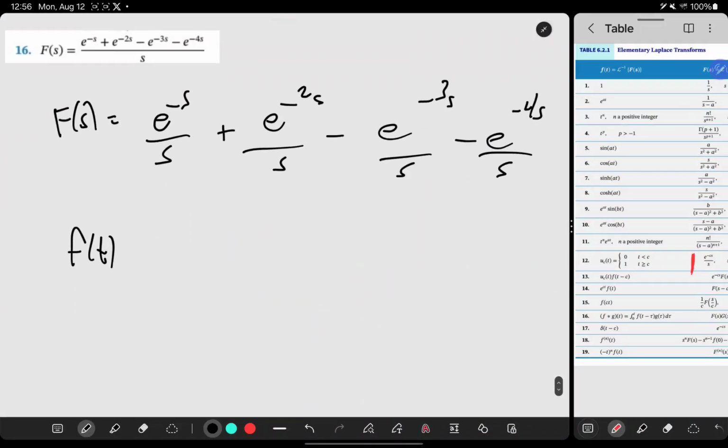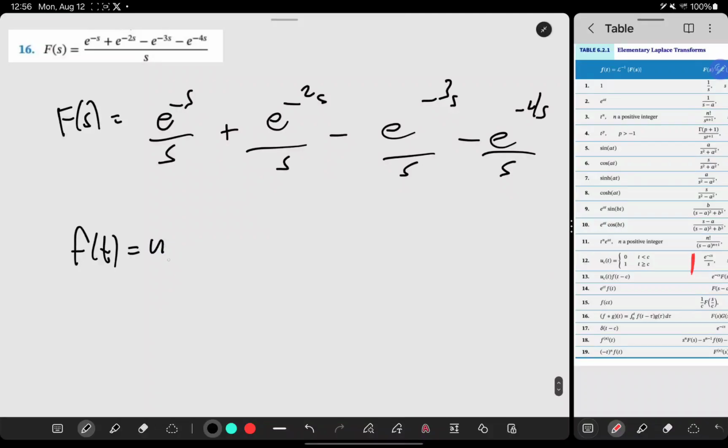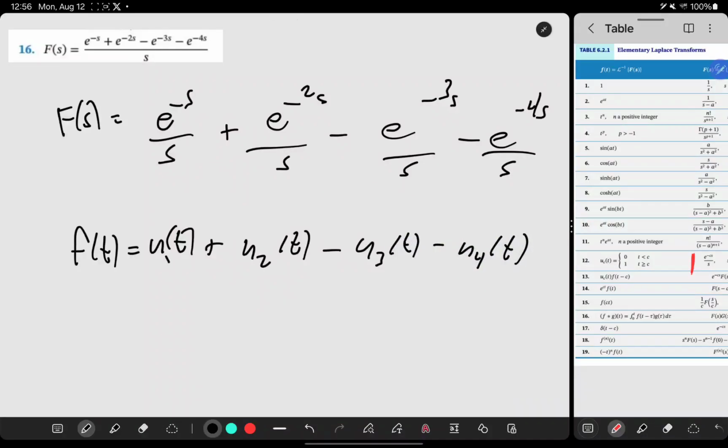Yeah, f of t would be u1 of t plus u2 of t minus u3 of t minus u4 of t. That should be it. Let me just double check that. Number 16. u1 plus u2 minus u3 minus u4. Yes, that's correct.